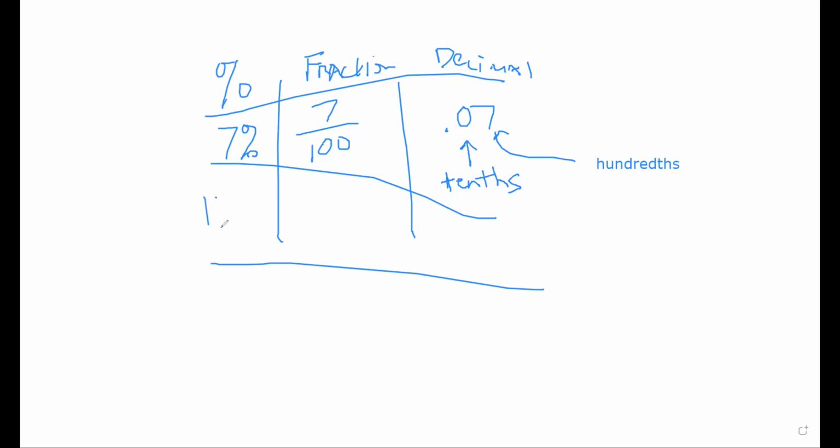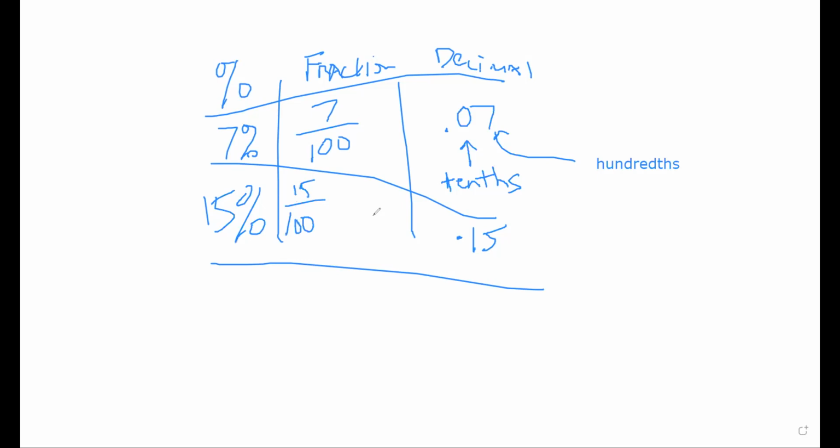So 15%. For some people, the decimal is going to be easier to create first because all I got to do is move the decimal over. So what's the fraction? Well, in original terms, it's 15 out of 100.